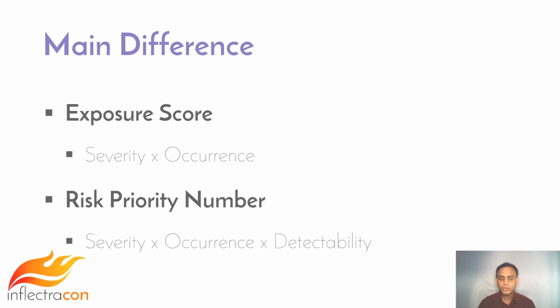The occurrence is associated with a probability, and severity is associated with a specific scale within the organization. FMEA extends this risk exposure score by a third dimension called detectability, as we mentioned. In other words, which of the failure causes were even detectable and to what extent.